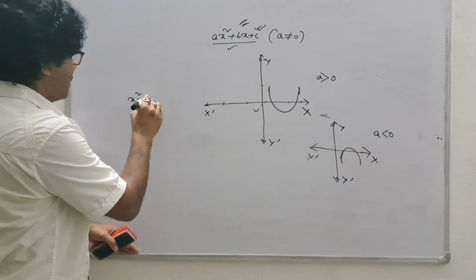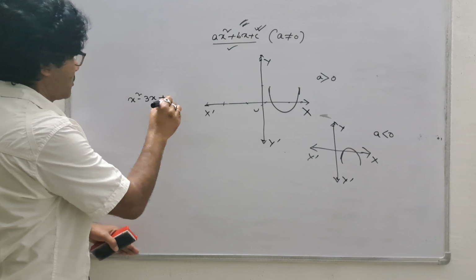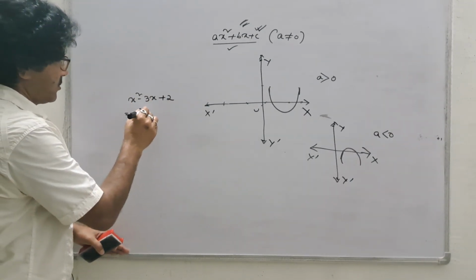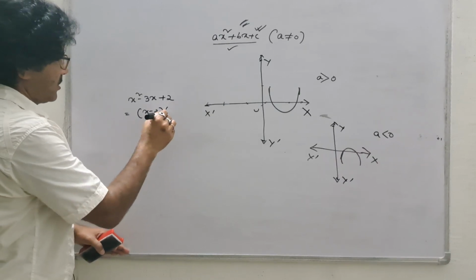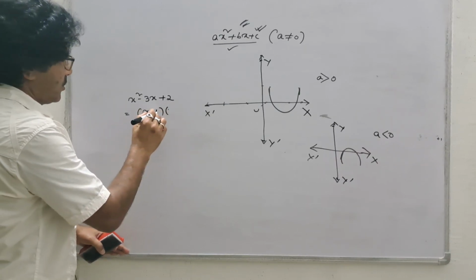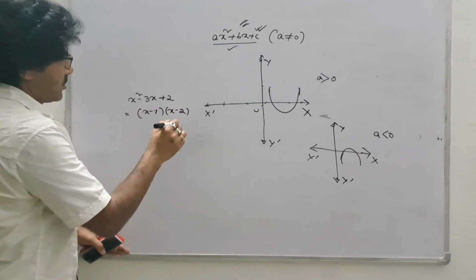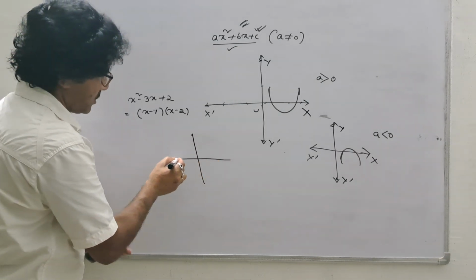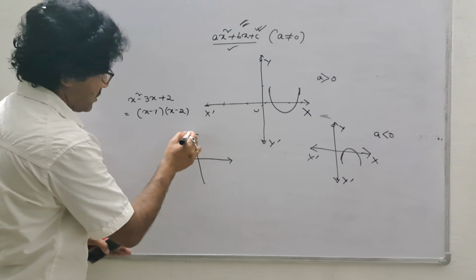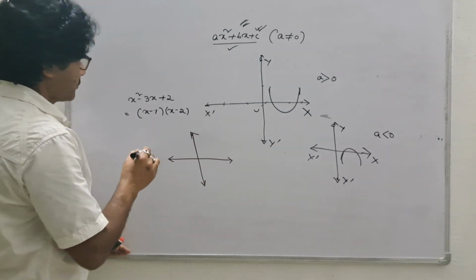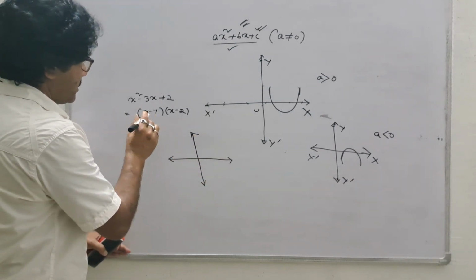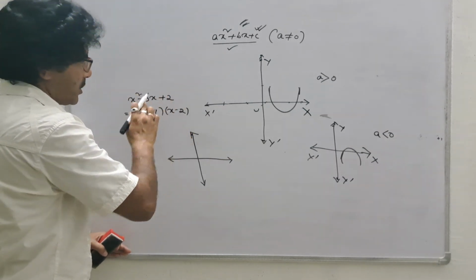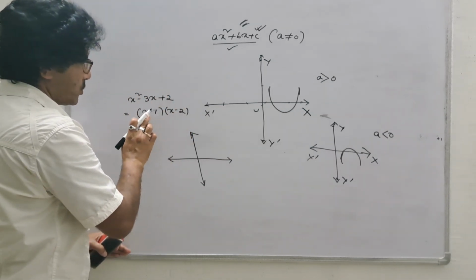x squared minus 3x plus 2, say this is a quadratic polynomial. So if I factorize it, we will get what? 1, 2. Now you see, this quadratic polynomial will have two zeros, 1 and 2.